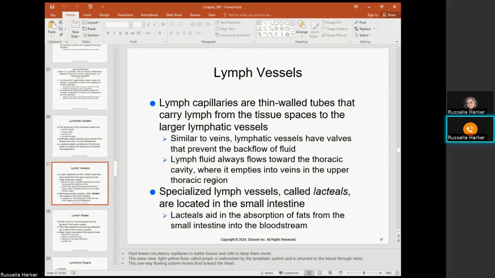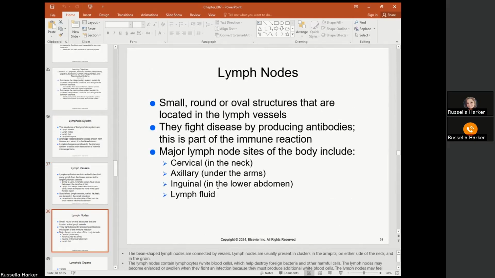Specialized lymph vessels called lacteals are located in the small intestine, and they aid in the absorption of fats from the small intestine into the bloodstream. Lymph nodes are small, round, or oval structures that are located in the lymph vessels, and they fight disease by producing antibodies, and this is part of the immune reaction.